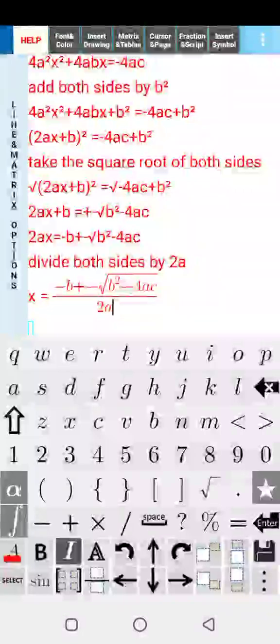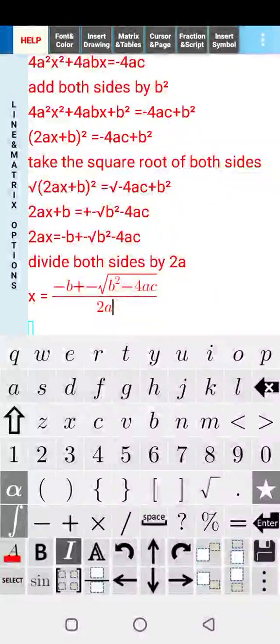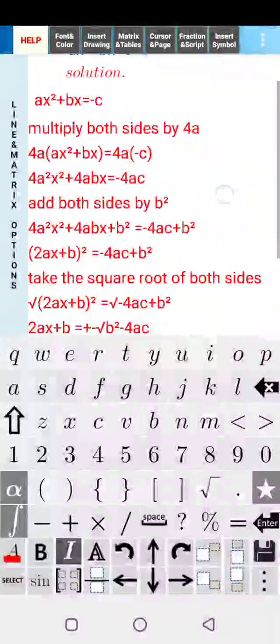You see, so your answer is clearly out now. That is, the formula is x is equal to minus b plus or minus root of b square minus 4ac, all over 2a. That is the general formula of the quadratic equation.